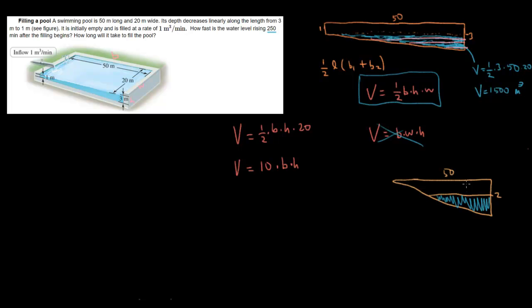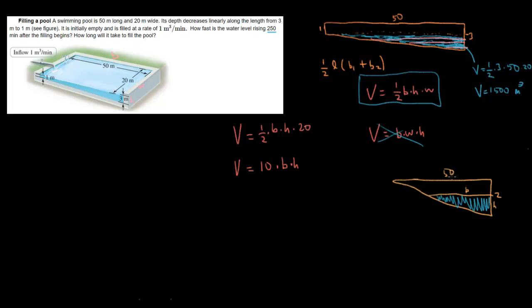Let's just call that B and this H. So 2 is the base of the big triangle. H is the base of the small triangle. 50 is the height of the big triangle, and B is the height of the small triangle.